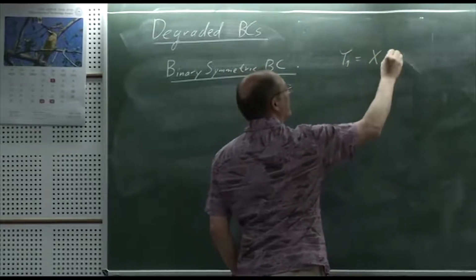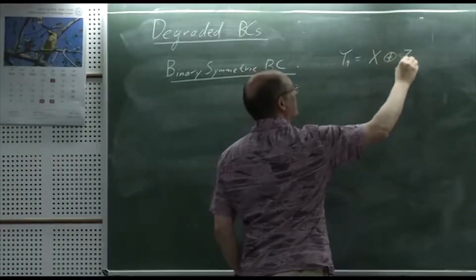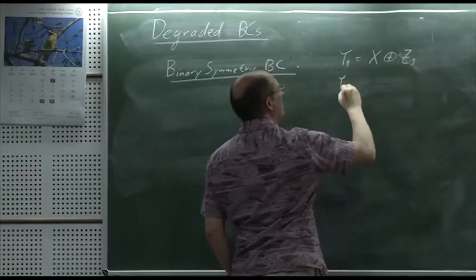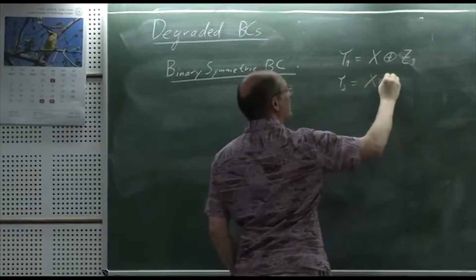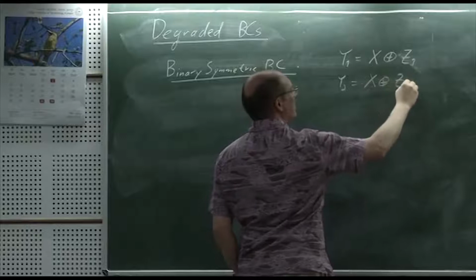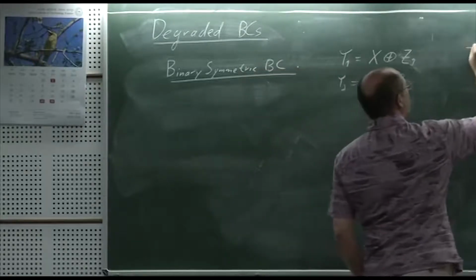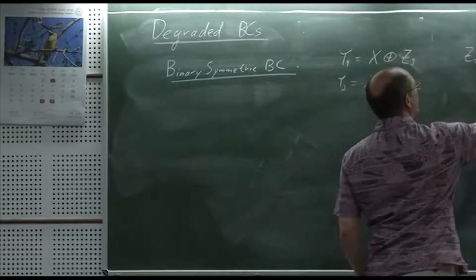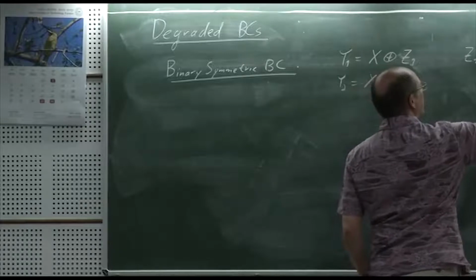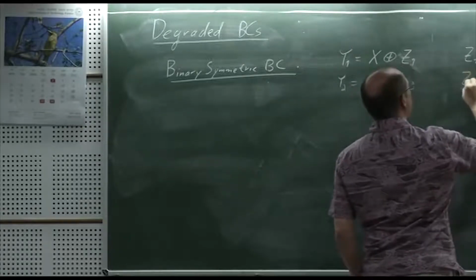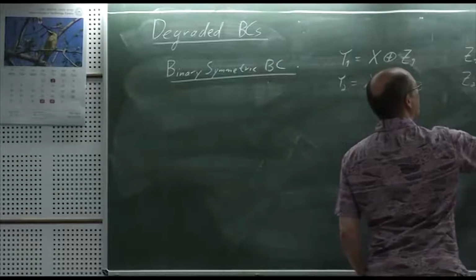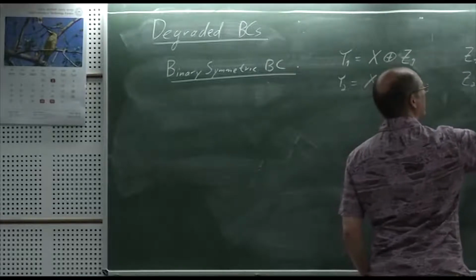We get x, and we have y1 is x XOR z1, y2 is x XOR z2. And z1 is Bernoulli p1, and z2 is Bernoulli p2.